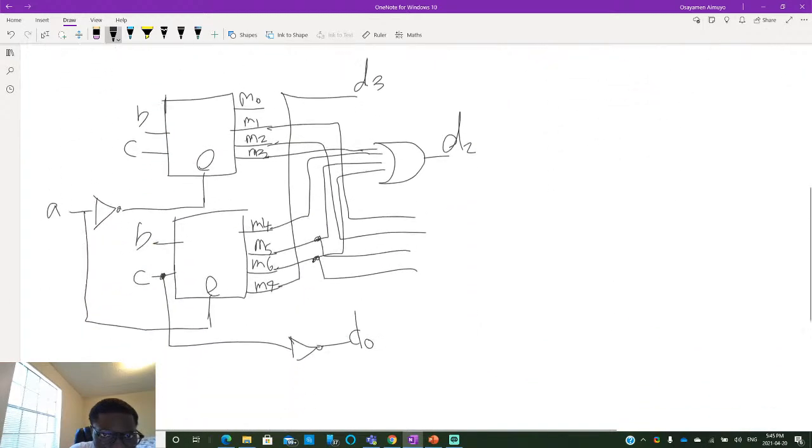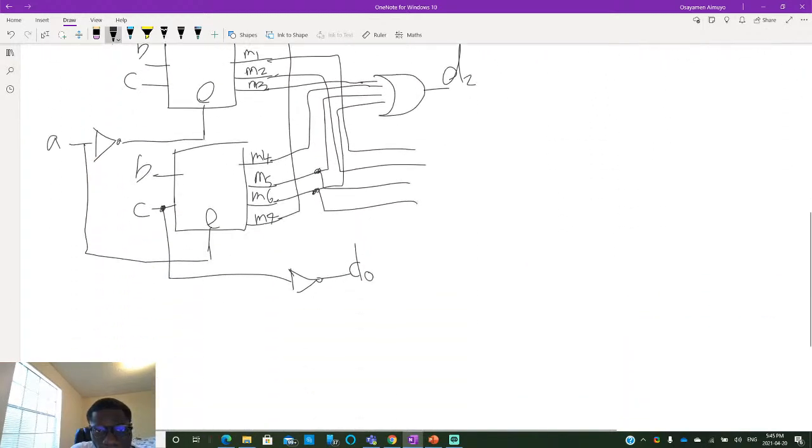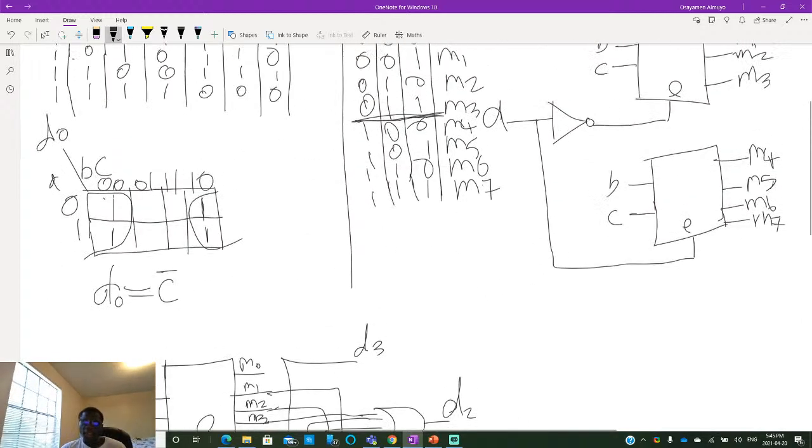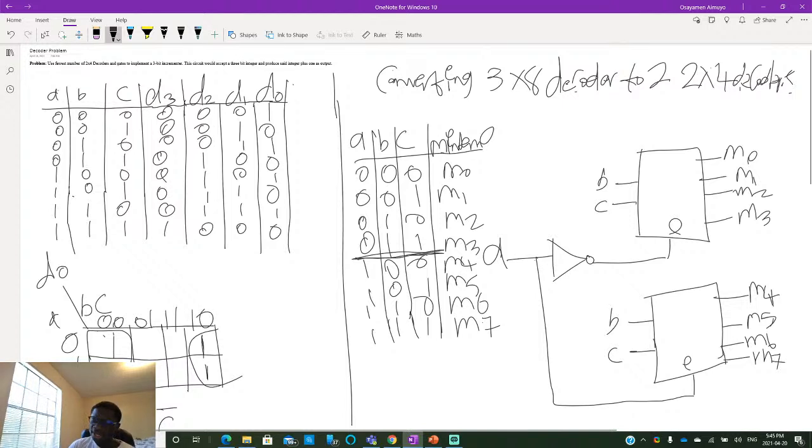Yeah. And we put another OR gate, and this is D1. So basically, designing logic functions using decoders comprises just identifying the minterms and ORing them, that is, feeding those minterms as inputs to an OR gate.